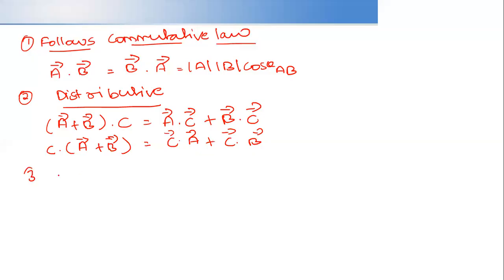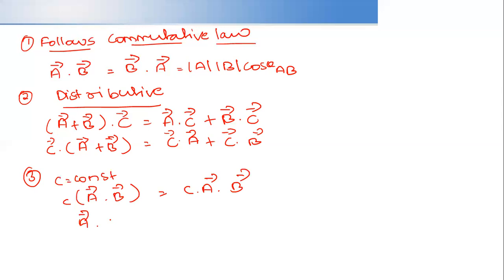And also the third case, when we multiply the dot product with a constant, that means C equal to a constant here. C is not a vector here, to be clear. Then C into A dot B is equal to C A dot B. Also, vector A dot C into vector B is equal to C into A dot B. So that doesn't make any difference.